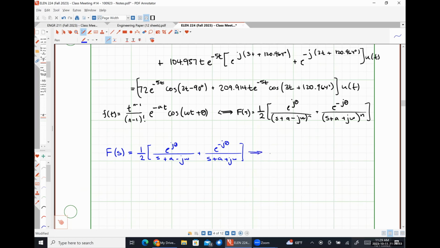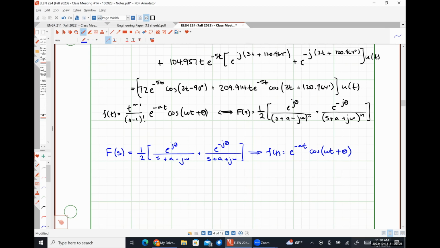In the time domain, this looks like e to the negative at cosine omega t plus b. So I was able to identify my a as 5. My omega was 3. Theta was negative 90 degrees, if I'm remembering correctly.